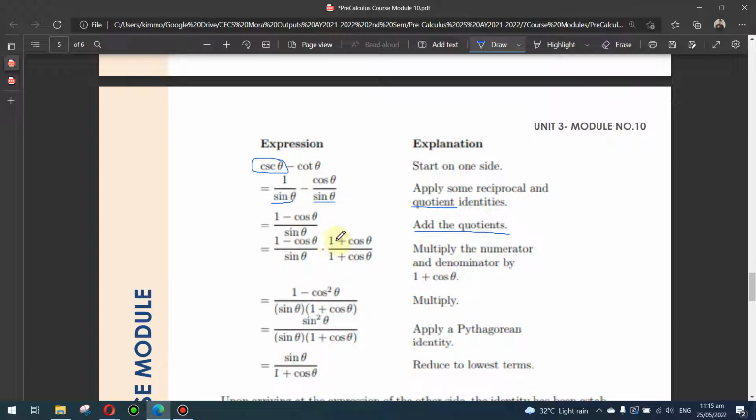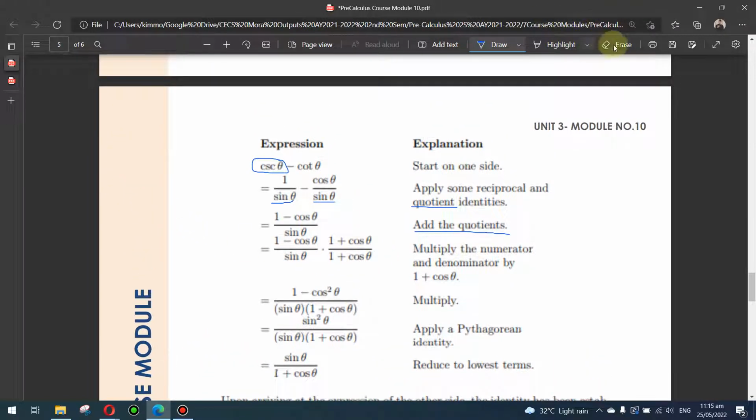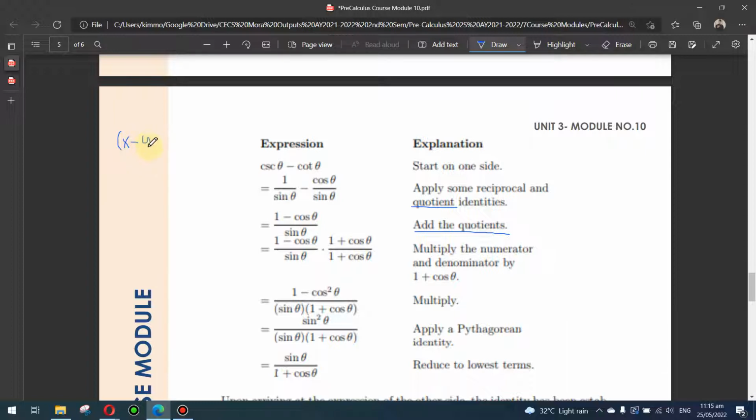So, we multiply 1 plus cosine theta on top, and we multiply 1 plus cosine at the bottom. This is because of the algebraic identity: x minus y times x plus y is equal to x squared minus y squared.